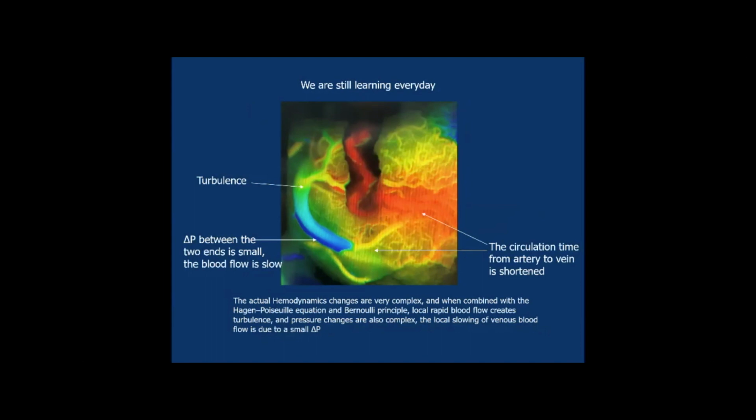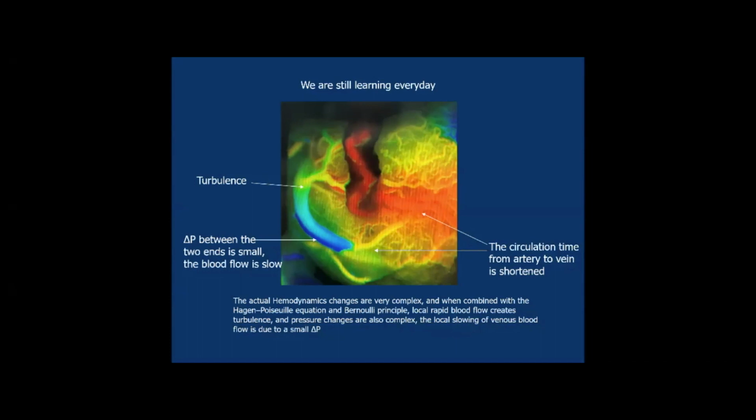You can see how complex the hemodynamic change can be seen in the FLOW 800 ICG. You can see the turbulence in the vein, and some blood flow was almost stopped in some segments of the vein. And the circulation time from artery to vein is shortened a lot in the area surrounding the bypass location.